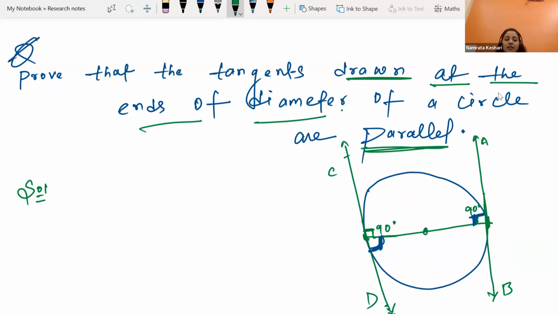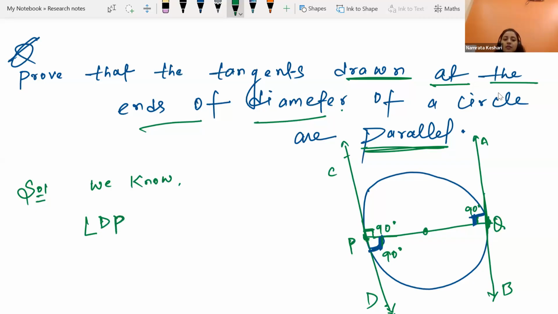So let's start, we'll be writing it. We know, let's say alternate interior angle or whatever co-interior angle you wish. I'm taking alternate interior angle. So we can say that this is 90. Suppose the point of contact is P over here and the point of contact is Q over there.